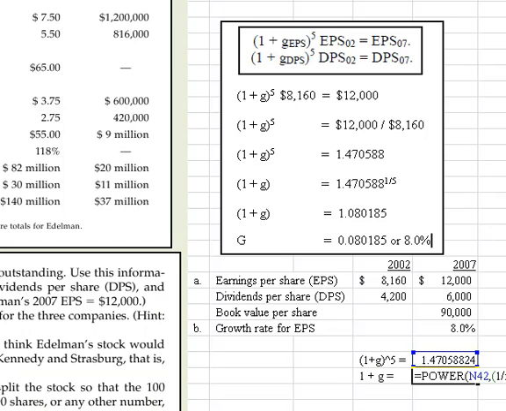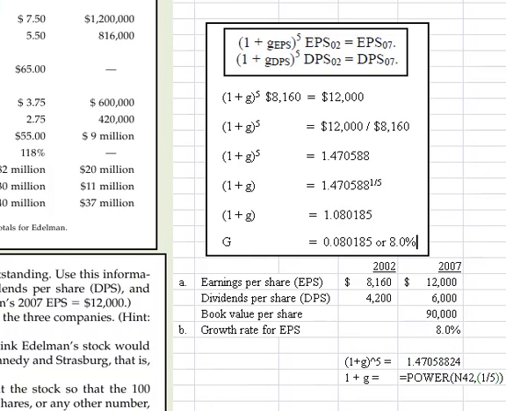Slide over a little bit. You can even see all of it. Okay? And so that gives us our 1.08. And then, of course, solving for G, we simply subtract 1 from it. And I've done that simply by taking the value there, minus 1 from it, and changing the format into a percent.